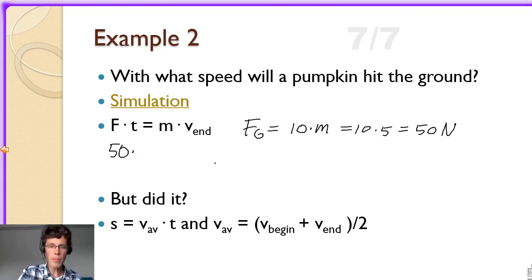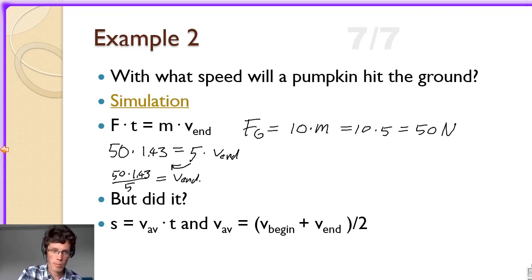The time was 1.43 seconds, and the mass we just saw was 5 kilograms. We can bring the 5 to the other side of the equation, so that would give us 50 times 1.43 divided by 5.